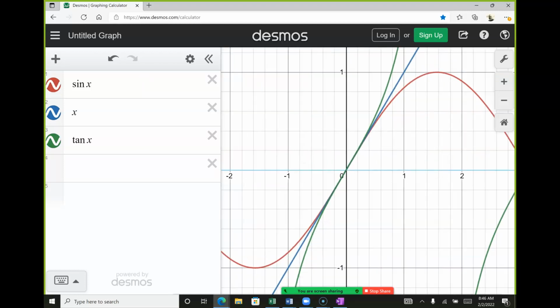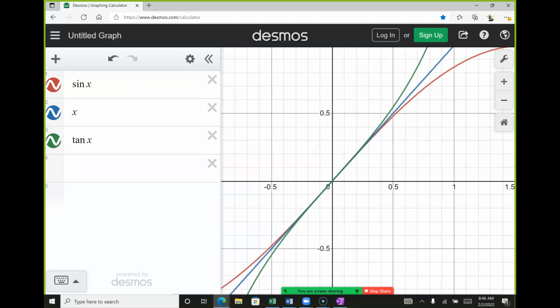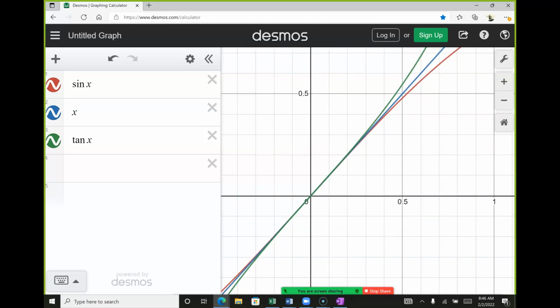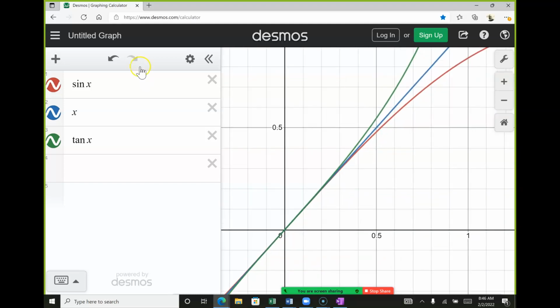And it's hard for me to see that, really. Oh, and I've got it opposite, sorry. Tan of x is bigger than x, which is bigger. Right, so tan of x is in green. You see it above the blue, blue is x, and then blue is above the red, right? So tan of x is greater than x, which is greater than sine of x.